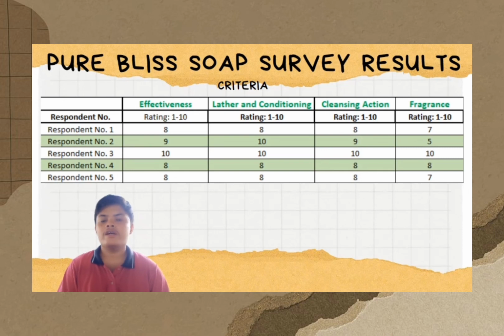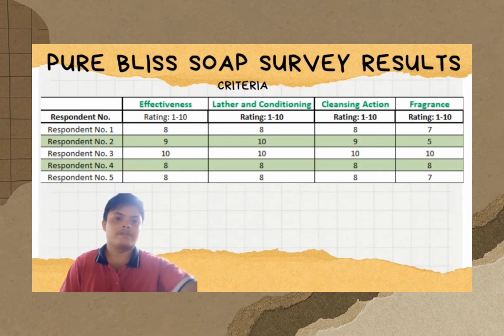Respondent number 3: effectiveness is 10, lather and conditioning is 10, cleansing action is 10, and fragrance is 10. Respondent number 4: effectiveness 8, lather and conditioning 8, cleansing action 8, fragrance 8. Respondent number 5: effectiveness 8, lather and conditioning 8, cleansing action 8, while the fragrance is 7.